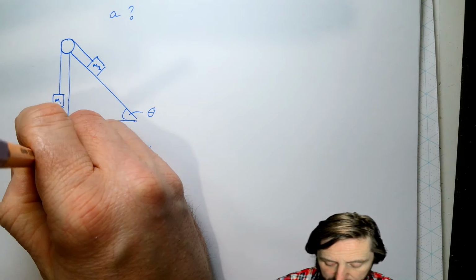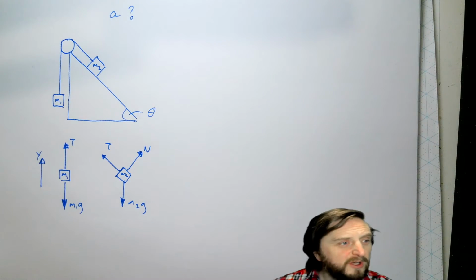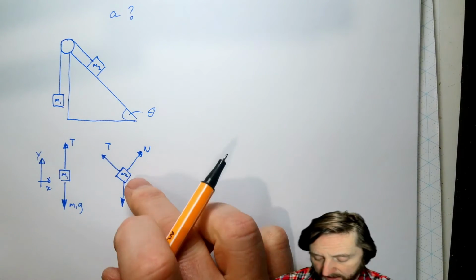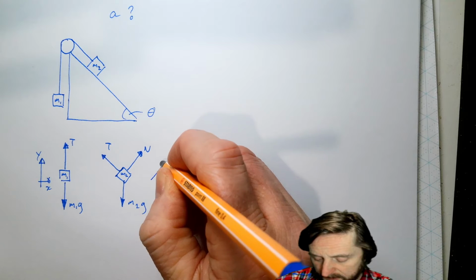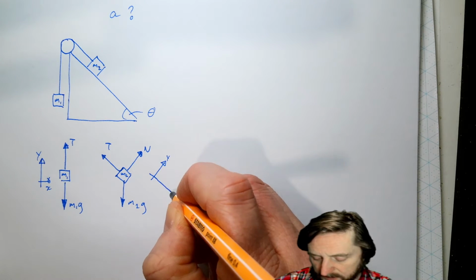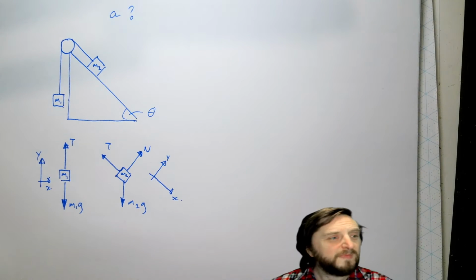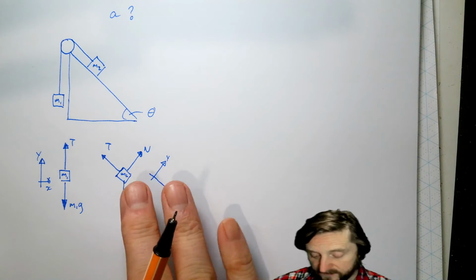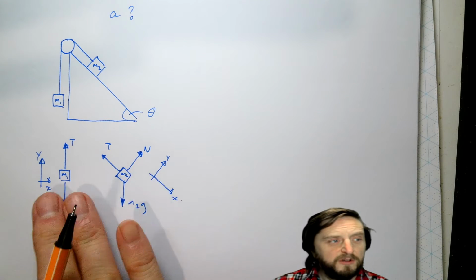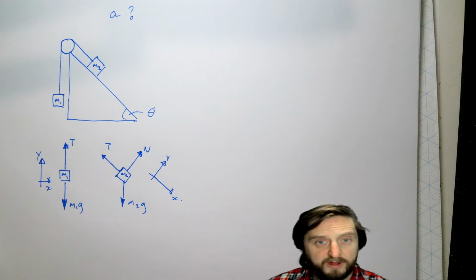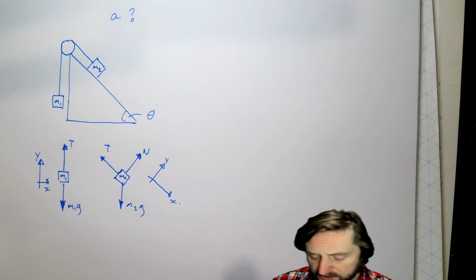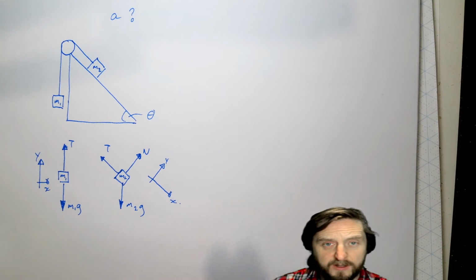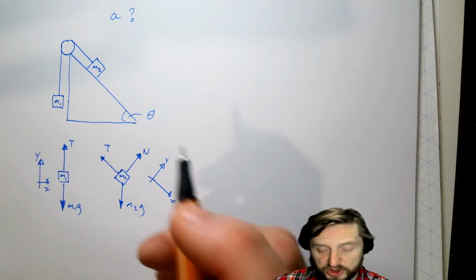So it's perfectly okay with these two bodies to call that the y-axis for this one, and for this to have its axes like this. Let's maybe point them down the slope, so that we can have all the benefits of the simplicity of solving these with axes that line up with their accelerations. So all we have to do, though, is be clear again about what we mean by particular accelerations in each case.